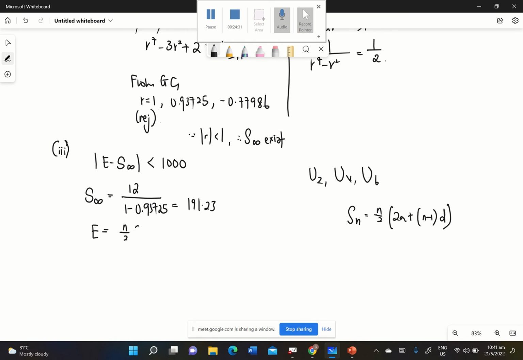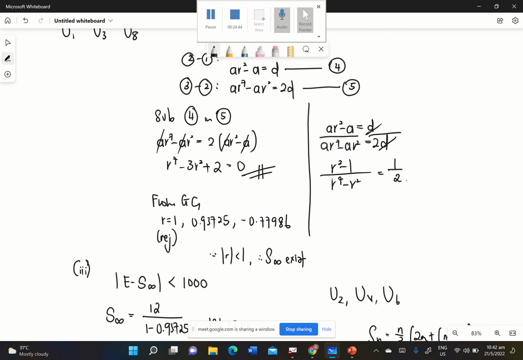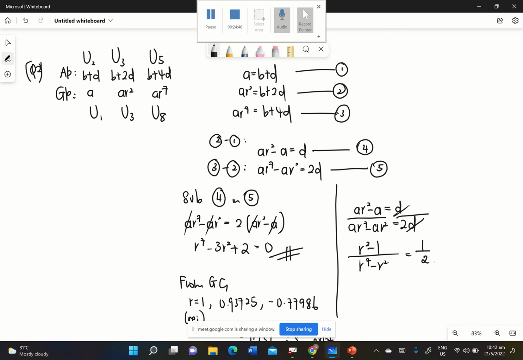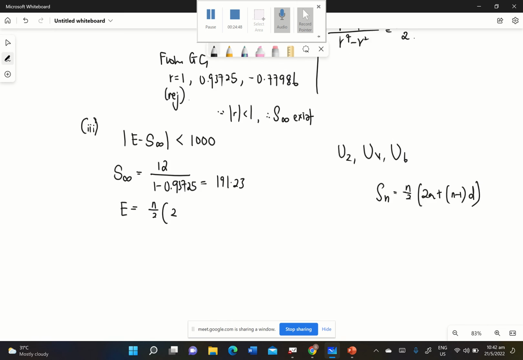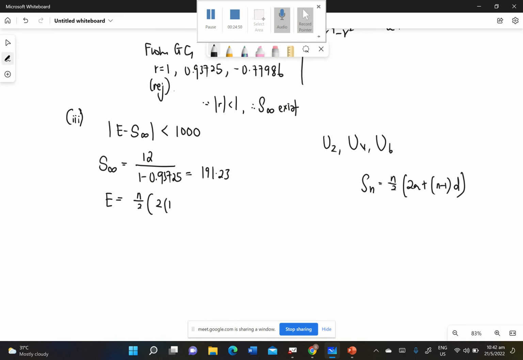Your first term, what's your first term? Which is equal to a, which is 12. Then plus n minus 1.